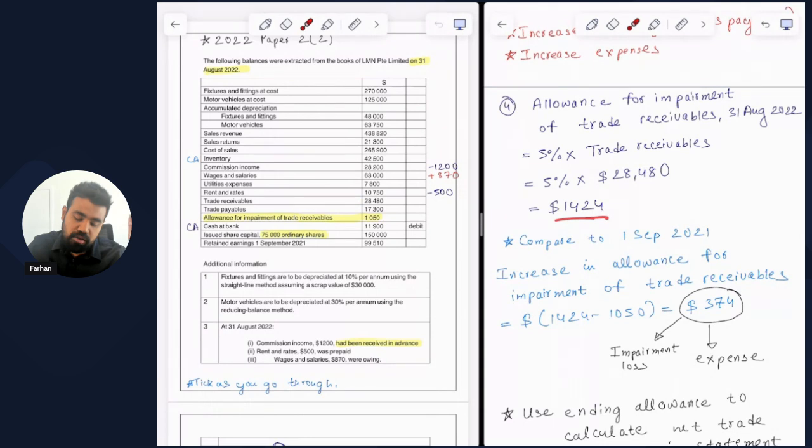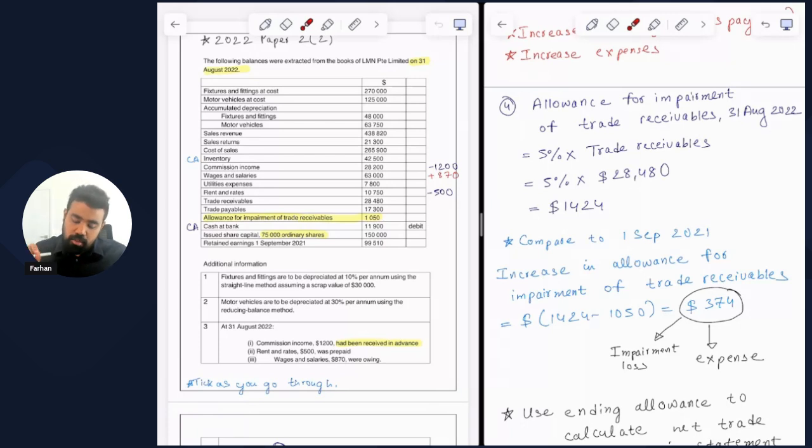So once you do this calculation, you get allowance for impairment of trade receivables at 31 August 2022 to be $1,424. Now, my question to you is, what is the meaning of allowance for impairment of trade receivables? So allowance for impairment of trade receivables simply refers to the possibility of amounts that we expect to not receive from these credit customers. Now, the trade receivables are the credit customers of the business. So these are the people to whom we have sold items or inventory or goods on credit, right?